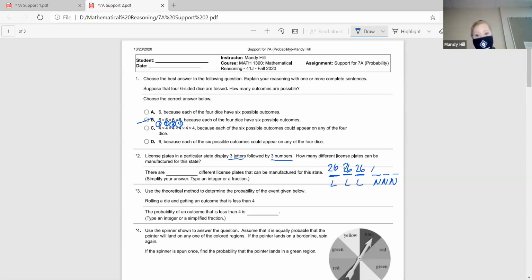So that's your 10 numbers that can go in each one of these spots. So to find this answer, you're going to have to multiply your options. So 26 times 26 times 26 times 10 times 10 times 10, which is a really big number.